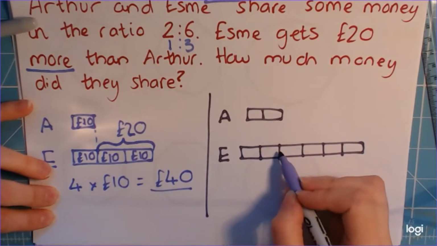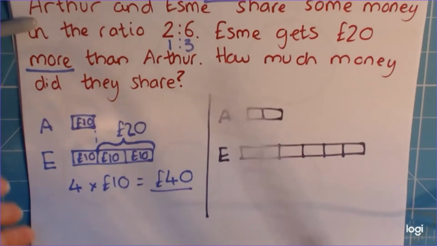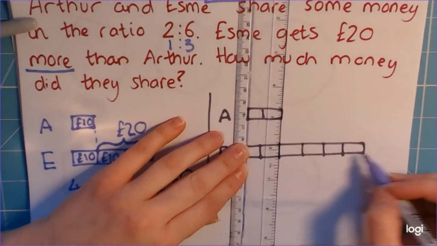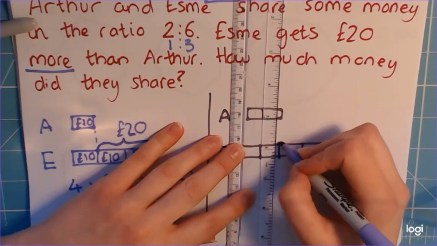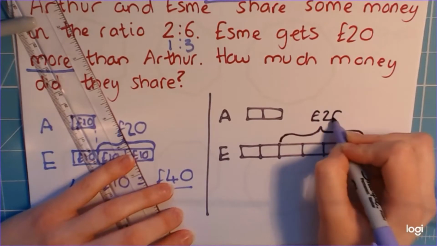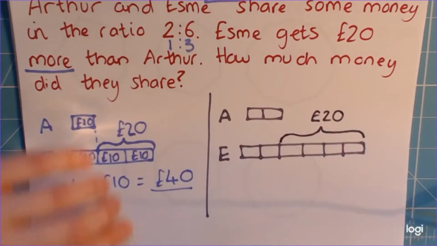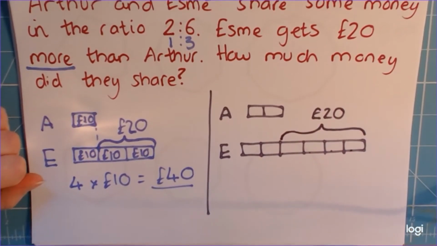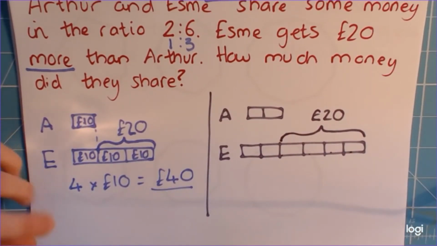Even if you need to use a ruler, that's okay, just put a line up to where they finish up together. So we know this part here that hangs over the edge is Esme's more than. So we've got £20 represented there. Now we've got 1, 2, 3, 4 little boxes, and £20 needs to be split evenly between them.